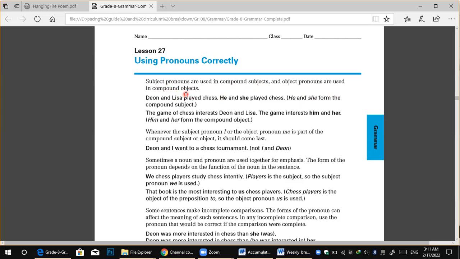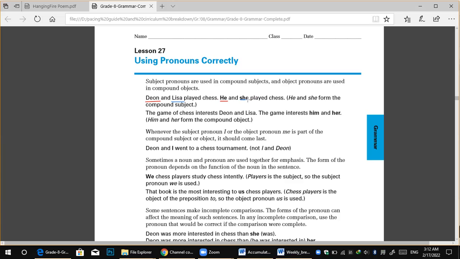For example, Dion and Lisa play chess. So here, Dion and Lisa, so he. Okay, so here, Dion and he. Exactly. But here, for example, Lisa and she.